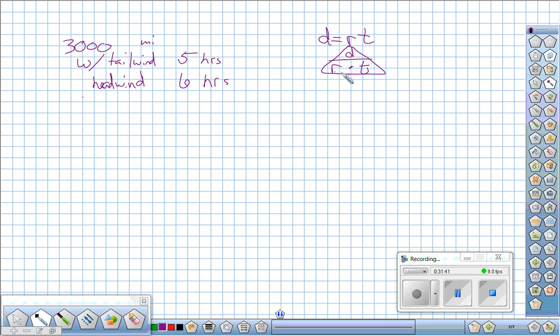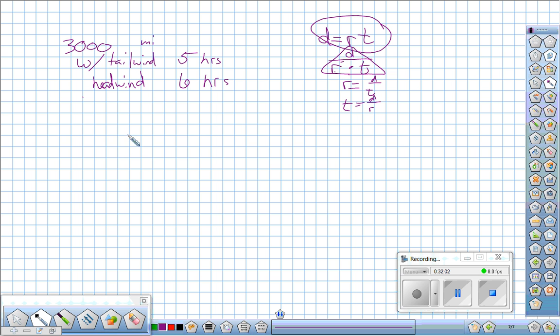If I'm looking for rate, my formula is distance over time. If I'm looking for time, it's distance on top with the rate on the bottom. You can get these from following either one of them. I just always like the little triangle deal.